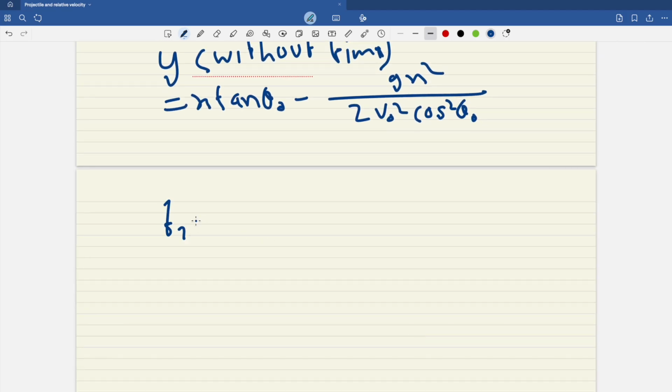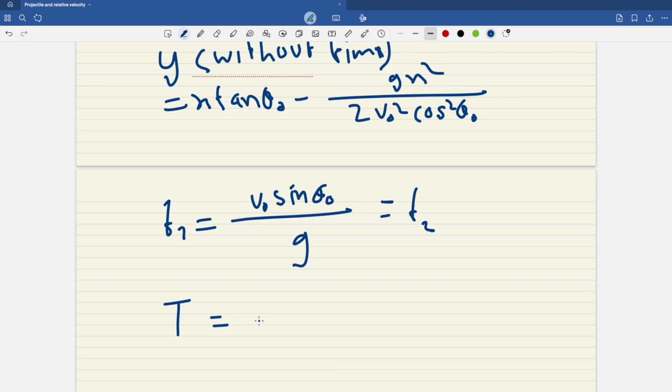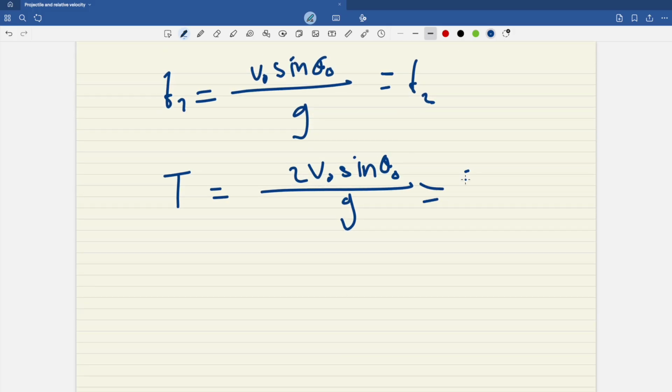There was a t1 formula, v naught sine theta naught divided by g, equals t2 as well. The time of flight was twice this t1 or t2, or equal to t1 plus t2.